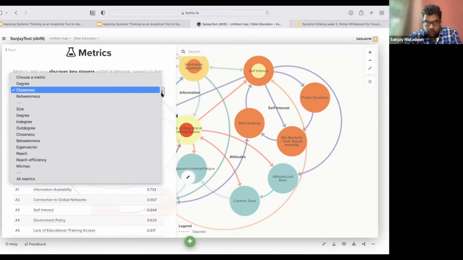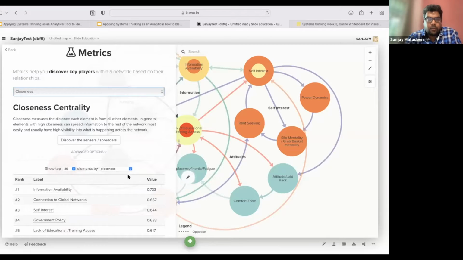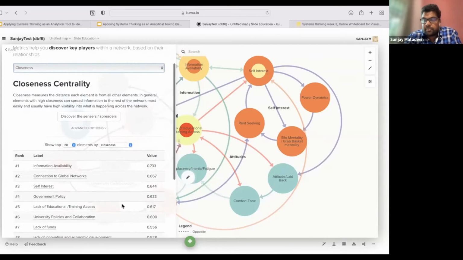So what I wanted to tell you as well is, what I showed here, we have to take it with a pinch of salt, because our diagram was not a final diagram. We did it with the time and resources that we had. The perfect thing would have been to go out there and get stakeholders, who would have improved our map, and then we perhaps would have seen a different picture.